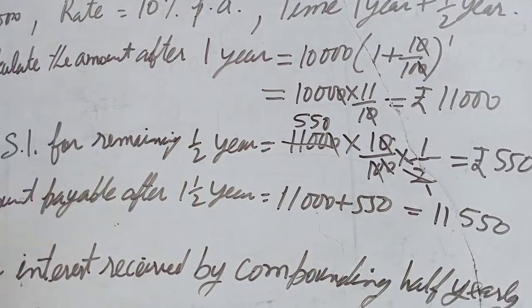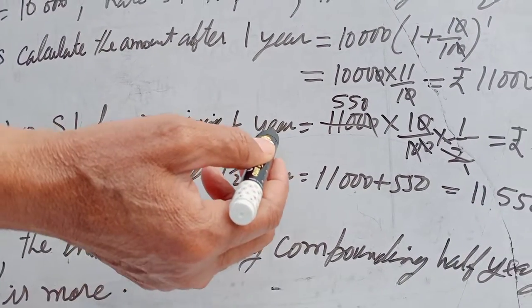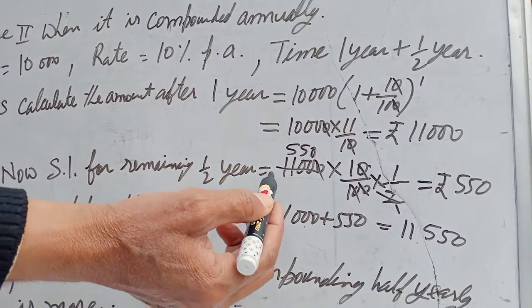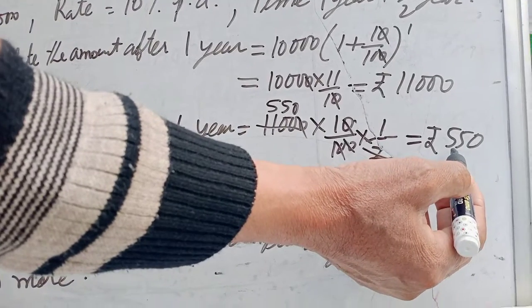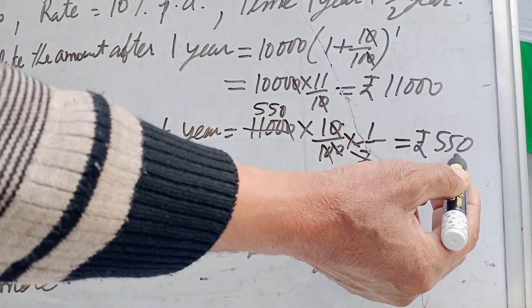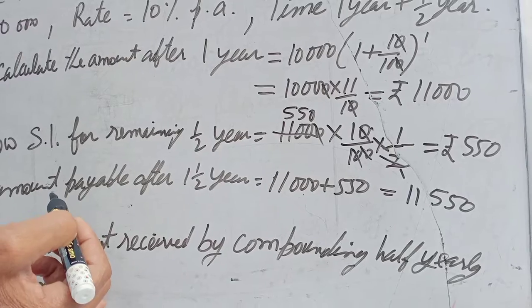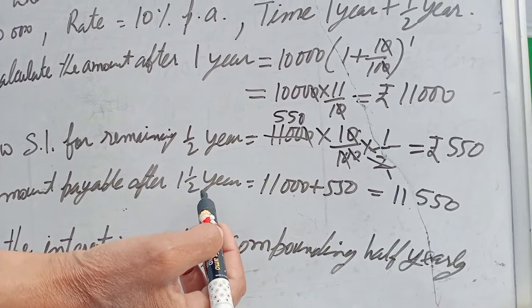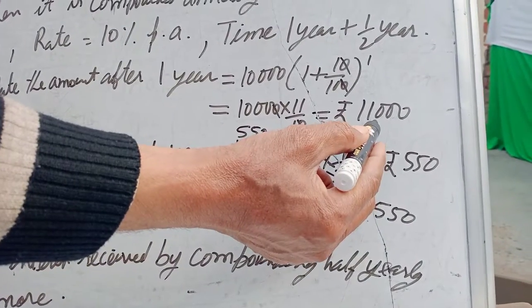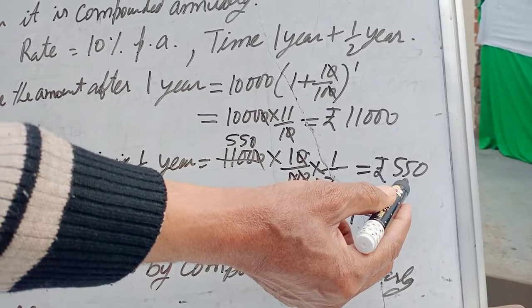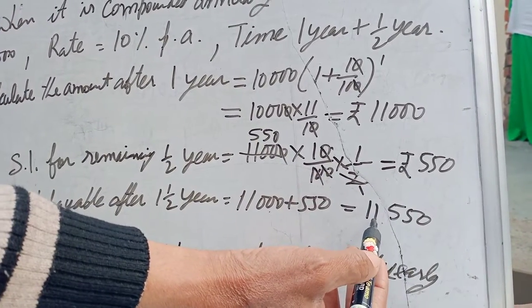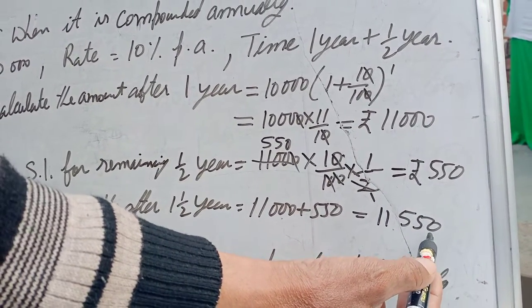Now let's find out simple interest for the next 6 months. That is rupees 550. Now the amount payable after 1.5 year becomes this 11,000 plus this 550. That gives us 11,550.